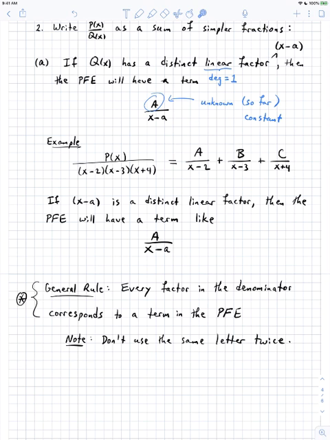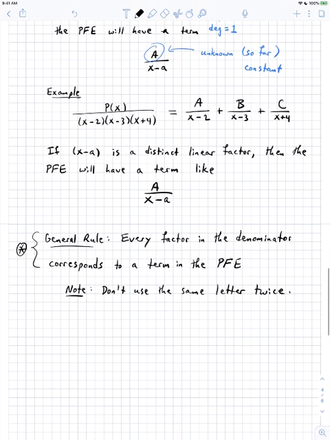They're unknown, they're undetermined. It might turn out that some of them are equal, but you can't assume that from the start. So use an A here, a B here, and a C here, and if you have another term, use a D, and so on and so forth. Don't use the same letter twice. So this is case A. If the factors are distinct and linear, then the partial fraction expansion will have a term like that. Okay, that's the first one.